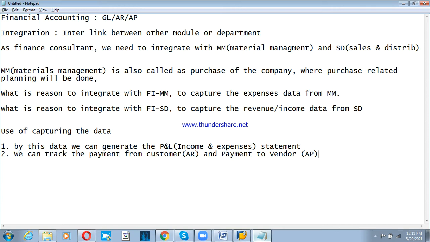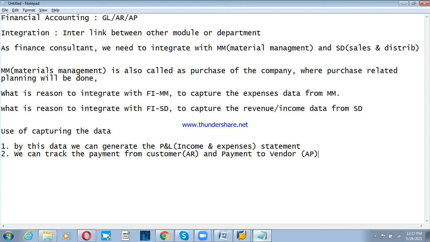So why do we need to integrate with other departments? Because SAP will be used by big companies. There is a large quantity of data in big companies. So we cannot handle it manually, right? Or assume that we are having 5,000 customers, or 10,000 vendors.